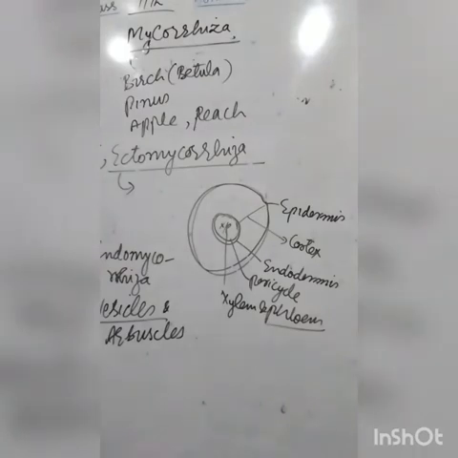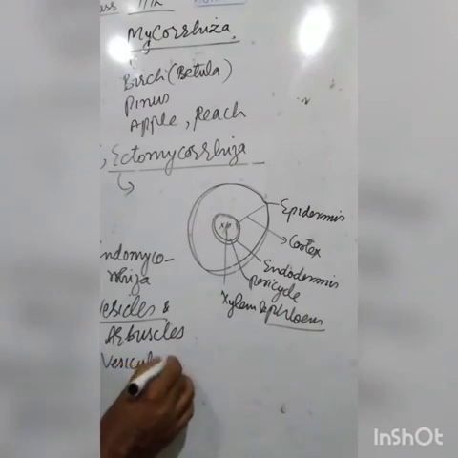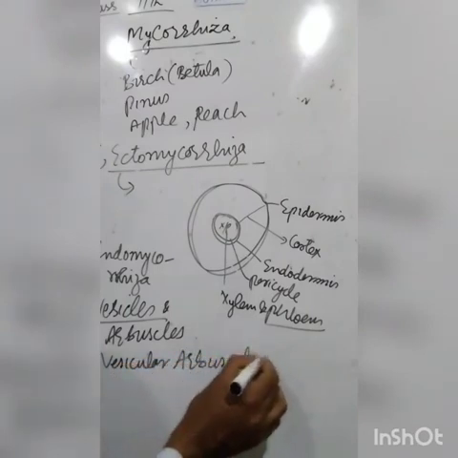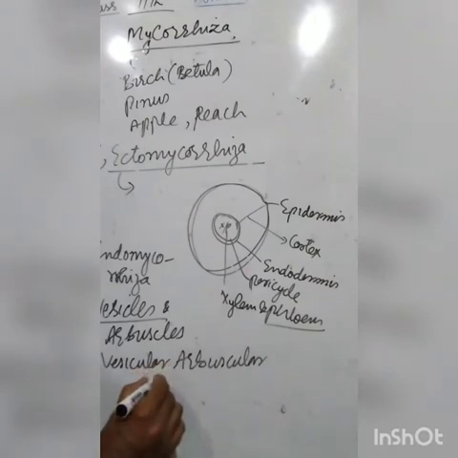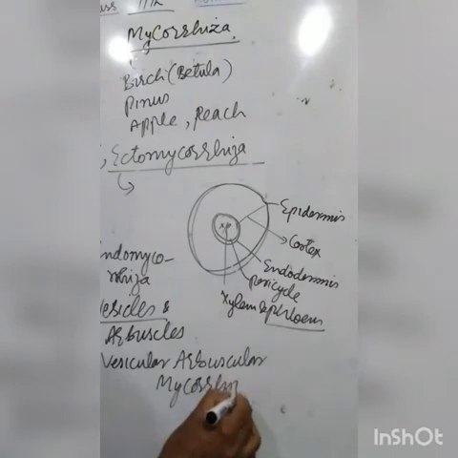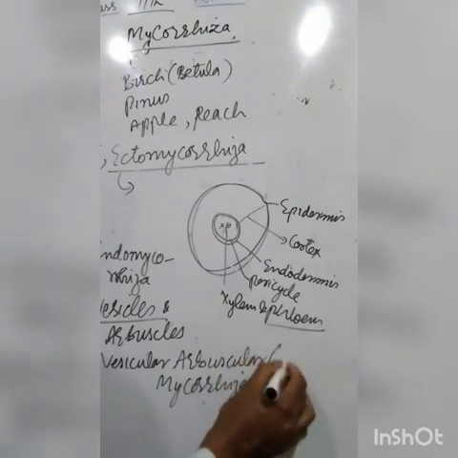And these endomycorrhizae are called vesicular arbuscular mycorrhiza, abbreviated as VAM.